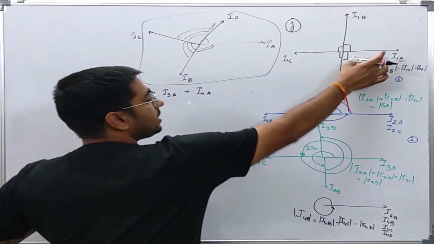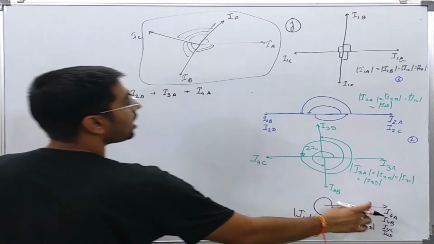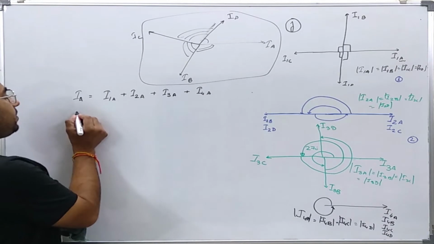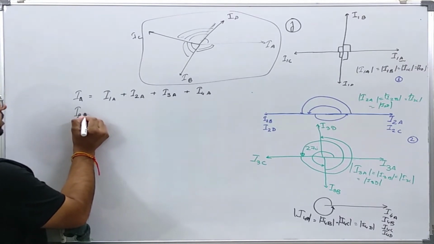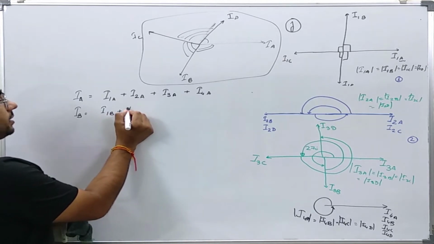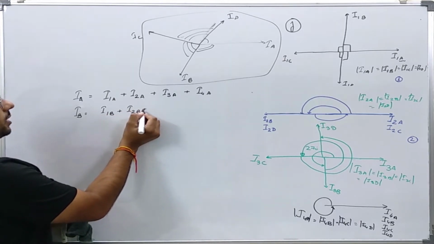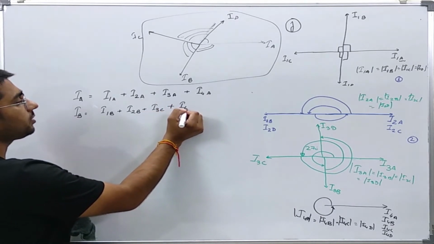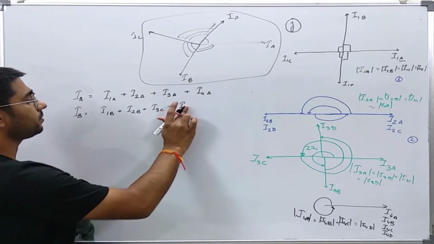So by adding these phasors, I will get IA. Now IB will again be I1B plus the second set component, the third set component, and the fourth set component.